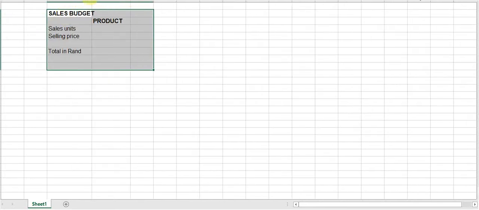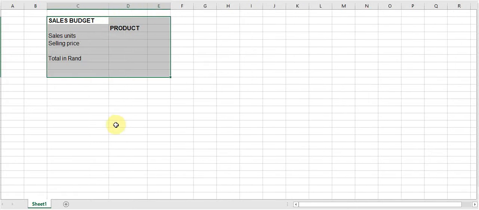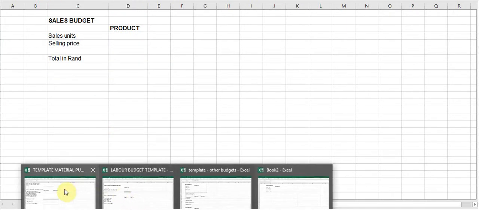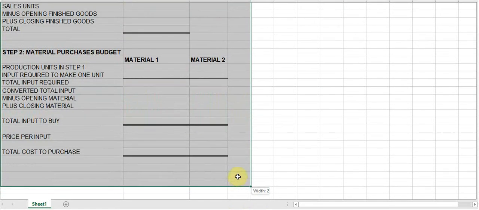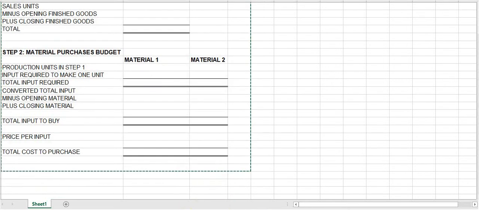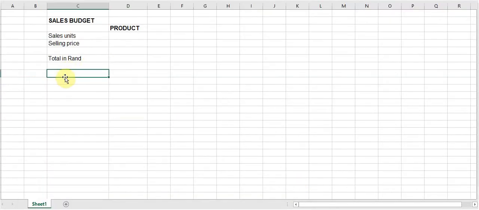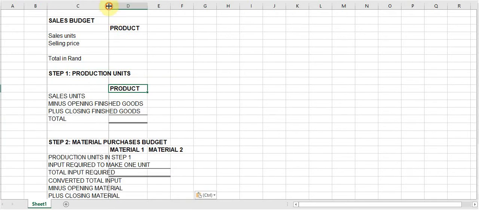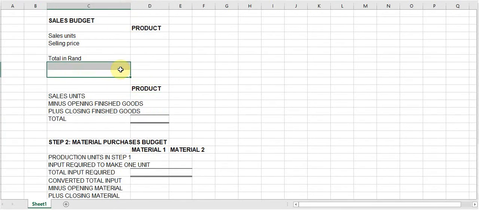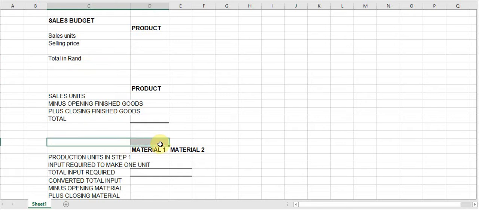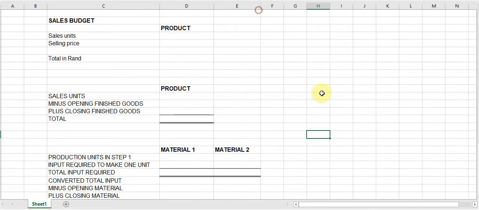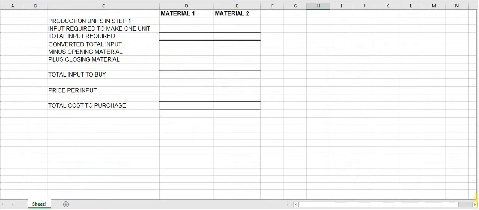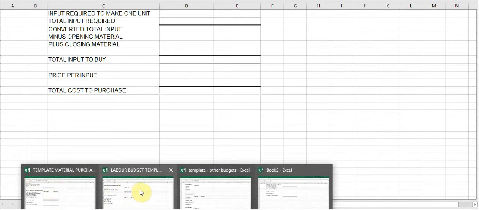Then it is the production budget, and that layout I believe we can find on the material purchases budget. So I'm just going to copy the material purchases. And now, of course, we're not only calculating material purchases, so I am going to delete the steps. We don't need that. We will rename it according to our current question. Then they also ask for the direct labor budget, so I'm going to copy that one from the direct labor template.